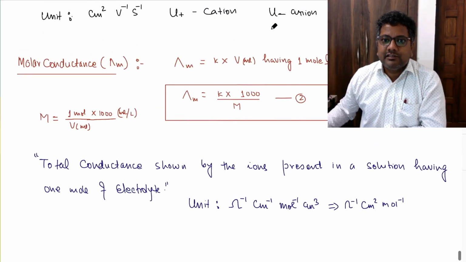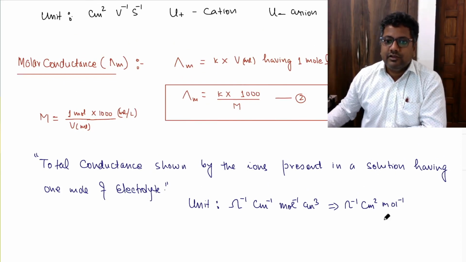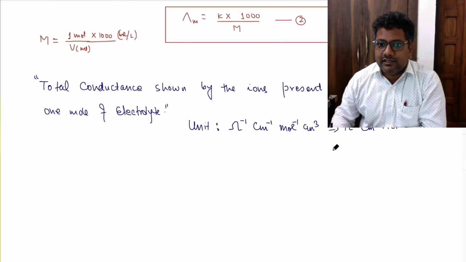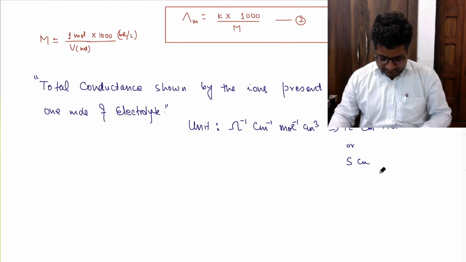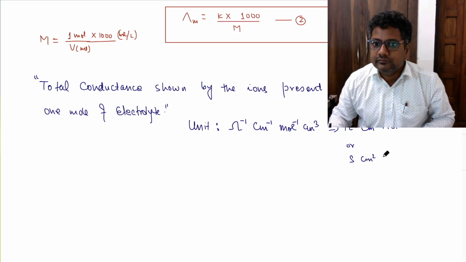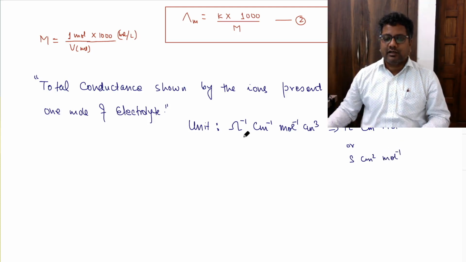Because you know here volume in ml, so 1000 here, this is the unit centimeter cube in place of ml. So your unit becomes, or you can write, Siemens centimeter square per mole, right? So this is the unit of molar conductance.